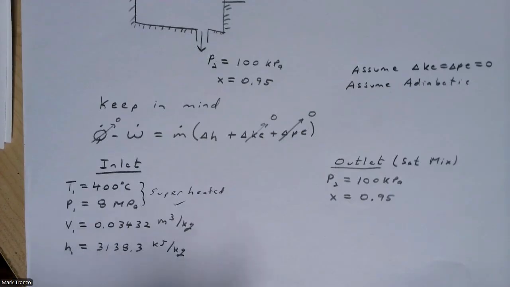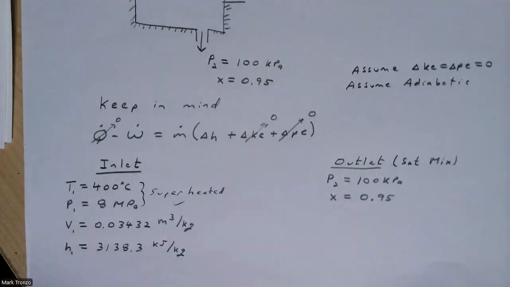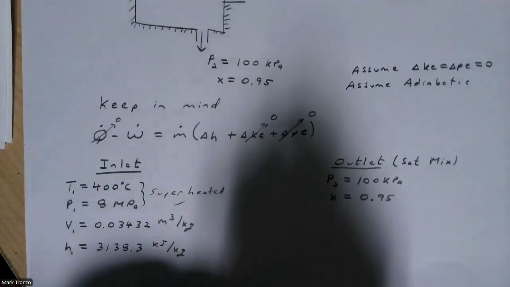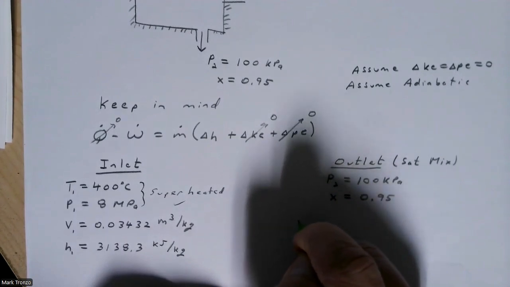Once we have those, we want to look over here at the outlet. Obviously for this one, we know it's a saturated mixture, and so we're going to have to apply our equation.